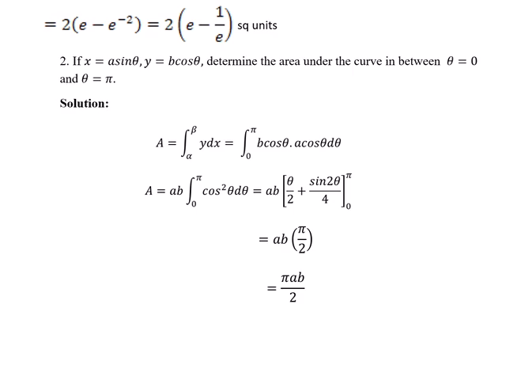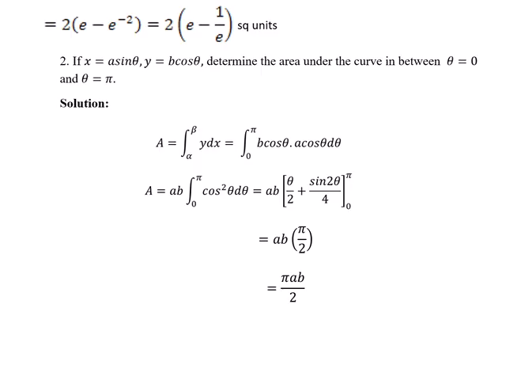So that's 1 over exponential 2, because if you are rewriting exponential minus 2, we have it as 1 all over exponential 2. So that 2 is omitted here. Please put it, you put the square unit.